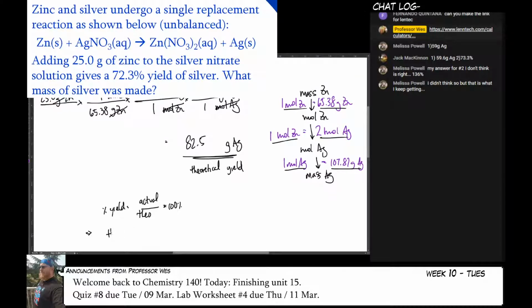Doing the algebra, that would be the theoretical yield times the percent yield over 100% would be the actual. So that would be 82.5 grams times the percent yield, 72.3%, over 100%. Those units cancel. And I get 59.6 grams of silver is my actual yield.